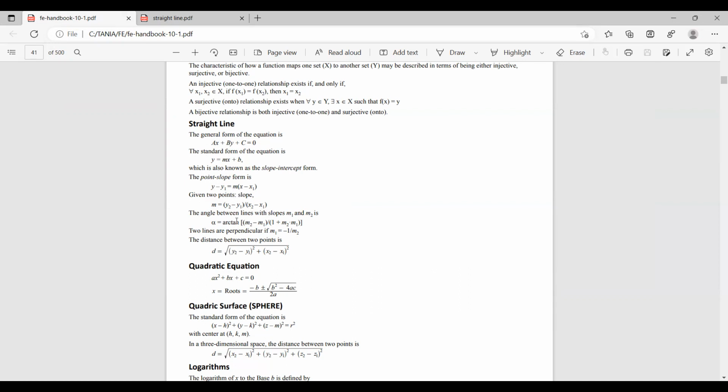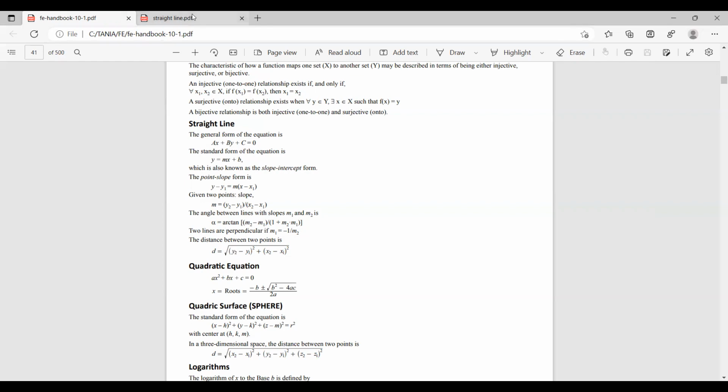We also have the angle between lines with slopes m1 and m2. Two lines are perpendicular if m1 equals minus 1 over m2. So we're given here what it means for two lines to be perpendicular, and also the distance between 2 points.